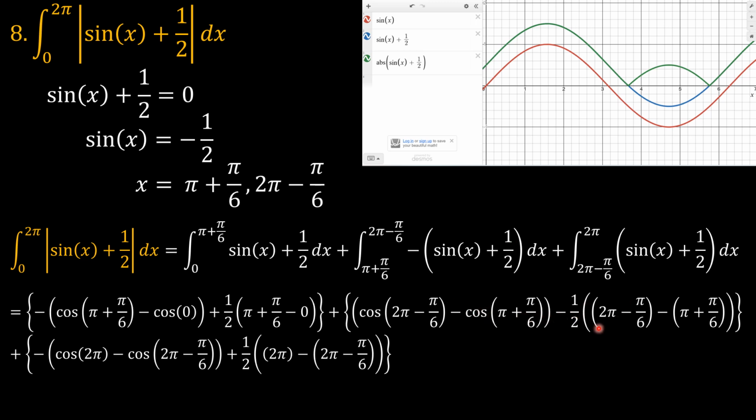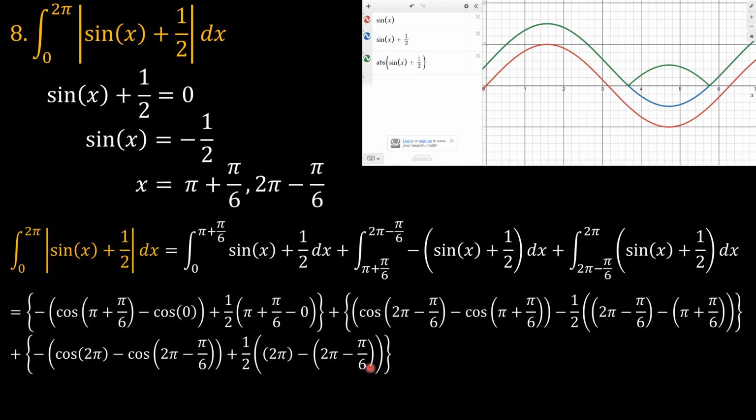And again, going down, negative a half, so we have negative a half here, upper limit minus the lower limit, and then back here we get negative cosine 2 pi minus cosine of 2 pi minus pi over 6 plus a half of x, obviously, upper limit 2 pi, lower limit 2 pi over 6.